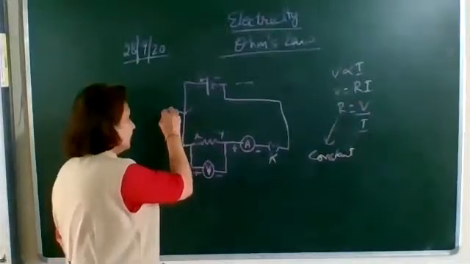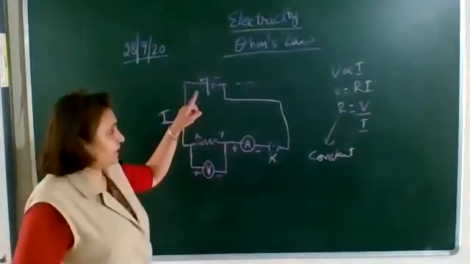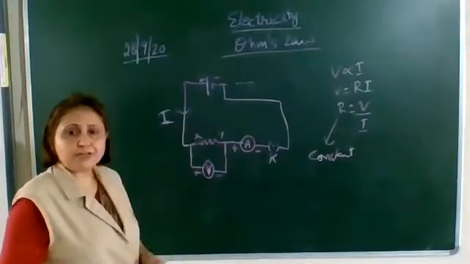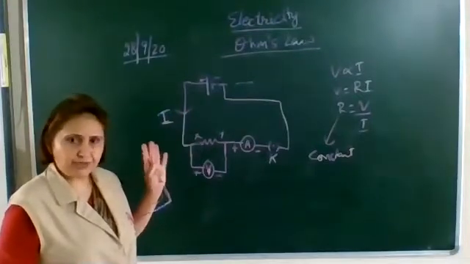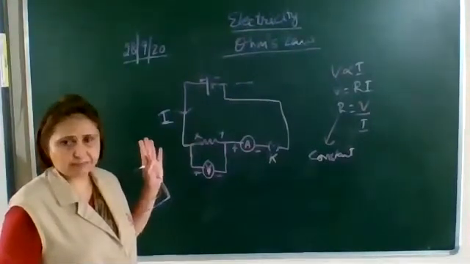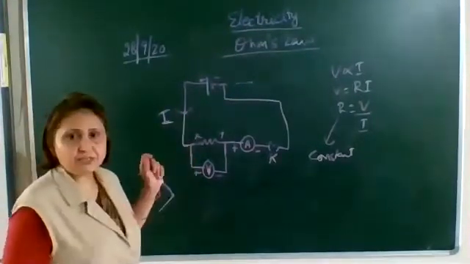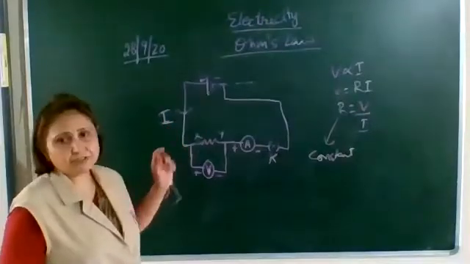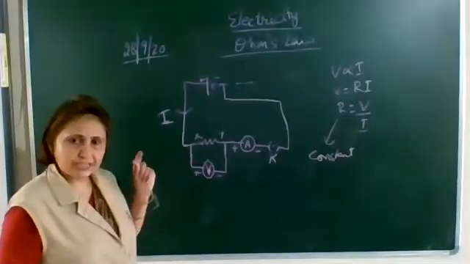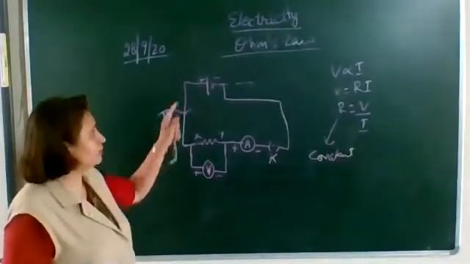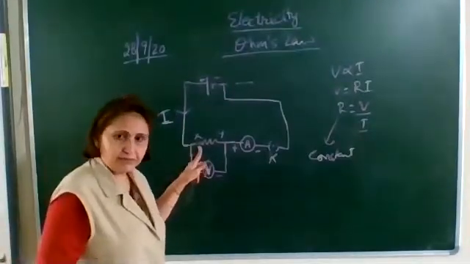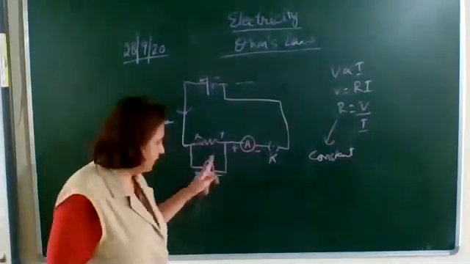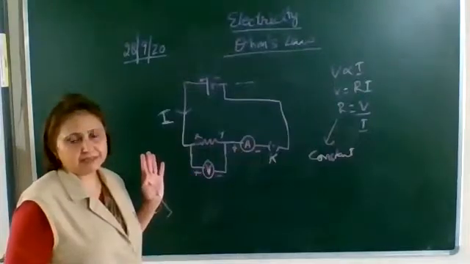So in this circuit, we have taken one cell whose potential difference is 1.5 volt, just an example. The potential difference across the terminals of the cell is 1.5 volt. That 1.5 volt battery cell we have connected to this nichrome wire, the ammeter, and the key, and the voltmeter we have connected in parallel.